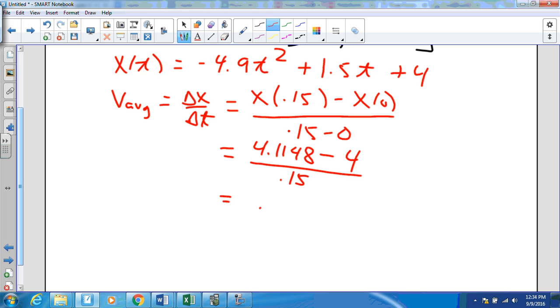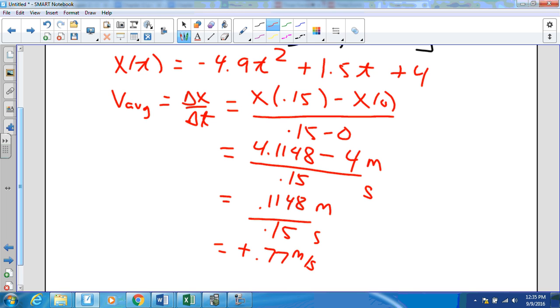And then, when I subtract, notice that because of having two significant digits here, I actually get a little more precision with the equation, which is fine. And in particular, I get plus 0.77 meters per second. And there it is.